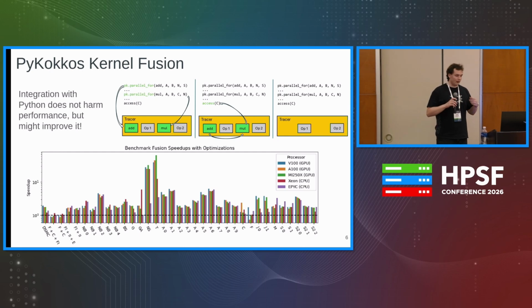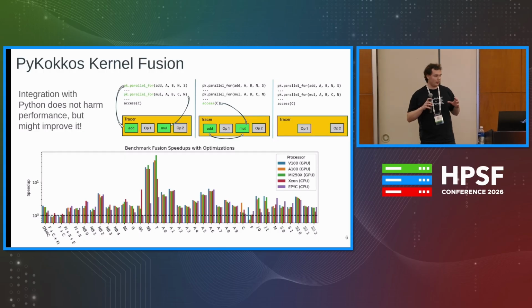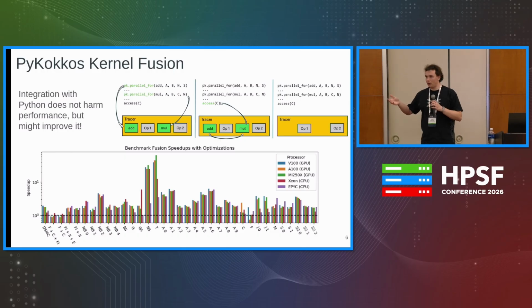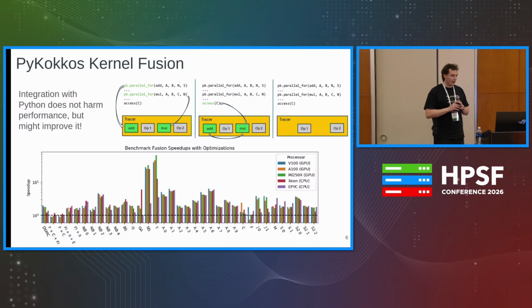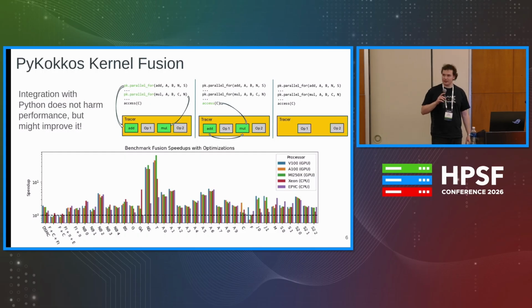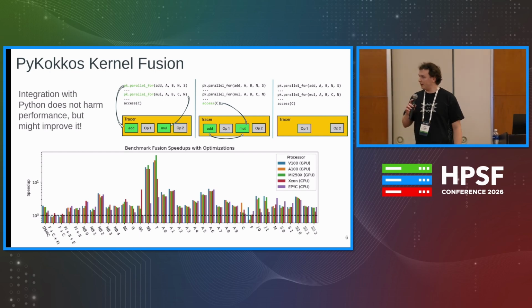All of these things create some overhead. When we make a mega kernel, one gigantic kernel as our main kernel, we will have less overhead in offloading and invocation. And on the Python side, we would be able to not harm any performance, but improve it by doing things in the high-level language.